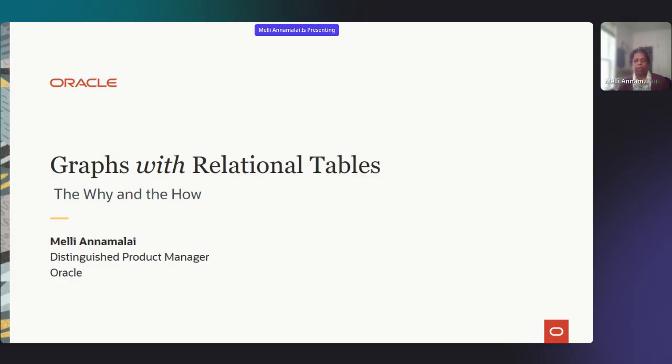The point is also that when we start talking about native graph databases, I think we start thinking of these as silo systems or separate systems. And I think that is hurting graph database adoption. That's also some of the things I want to highlight today: when we talk about a new data management system, that can end up being very expensive and not something that can be easily adopted in enterprises.